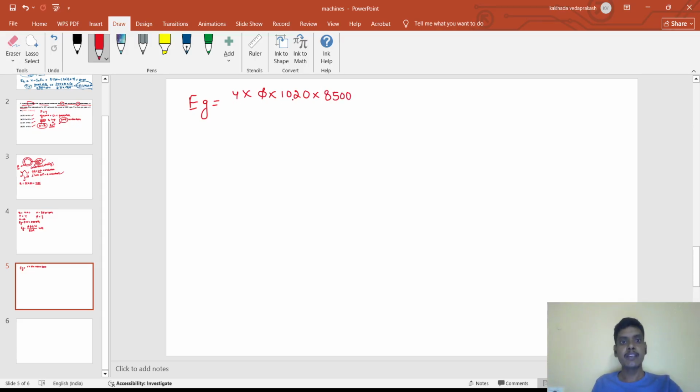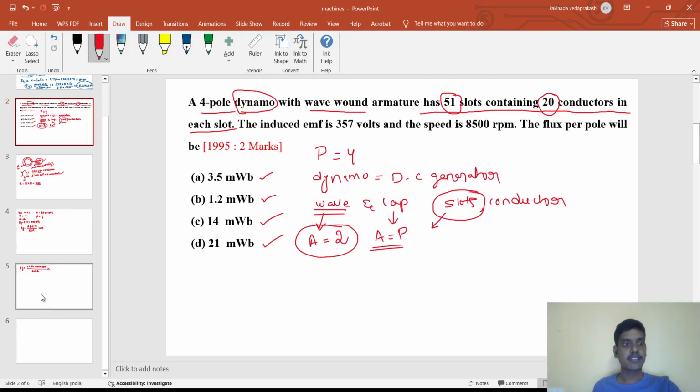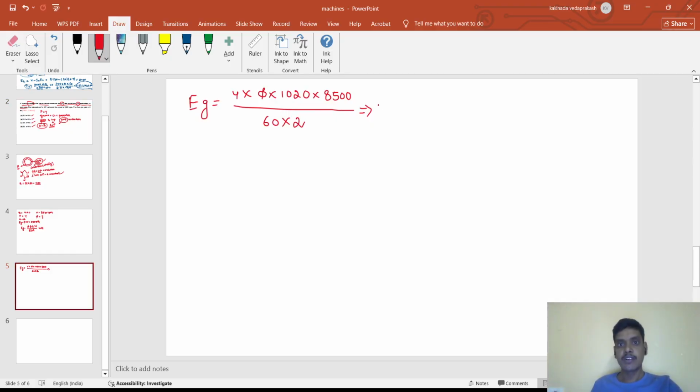P phi Z N by 60 into A. What is the value of A? A is the number of parallel paths. Since they have provided a wave winding, A is equal to 2. And what is the value of Ez? 357. Now you can find the value of magnetic flux per pole from this relation.